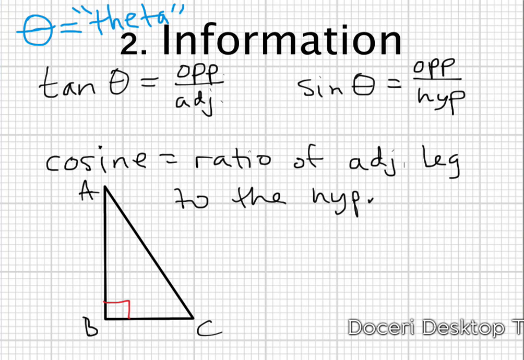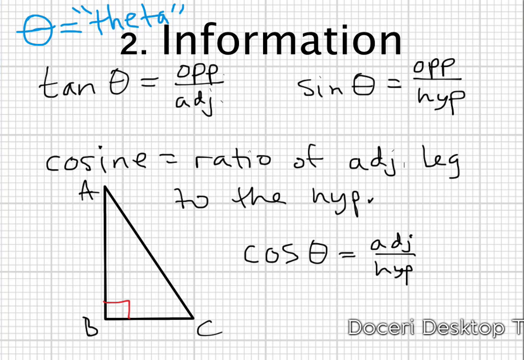And again, cosine's a little long word to write, so we abbreviate it as COS. And it's not cos, it's cosine. That's how you pronounce it. It's always cosine. Okay? So when I say cosine of any angle theta, this is going to be my adjacent over my hypotenuse.